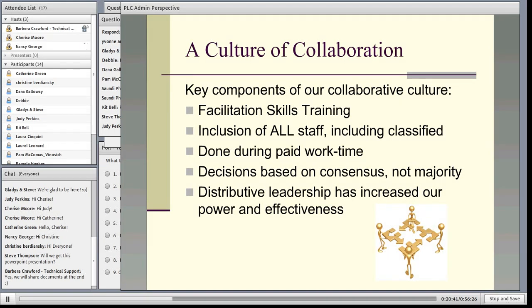So the first piece that we began to address after our strategic planning was really being very intentional about developing a culture of collaboration. We got a taste of collaboration in our strategic planning, and we really realized how critical that was to moving us forward in the direction we wanted to go in.